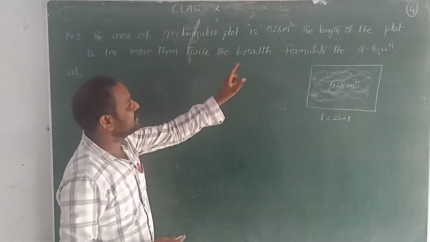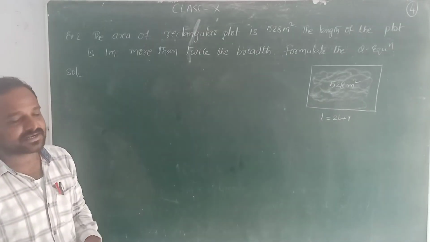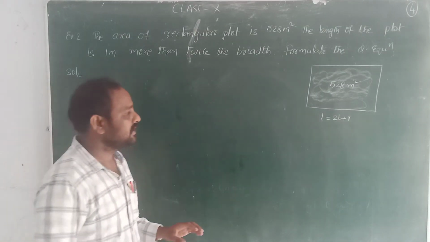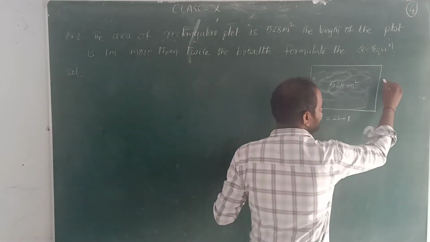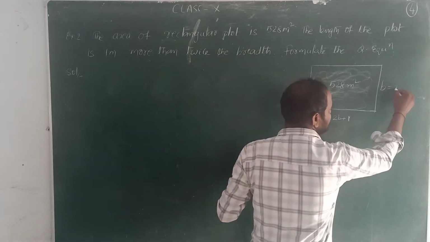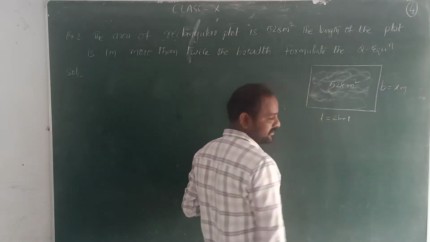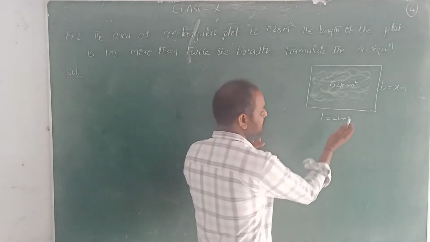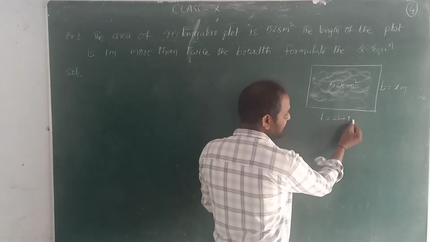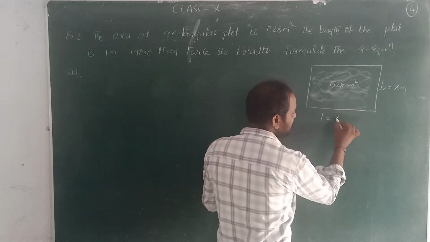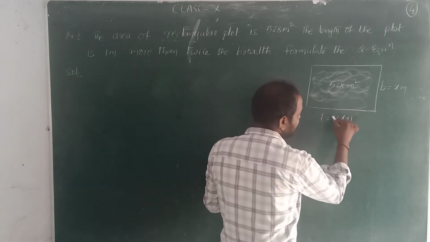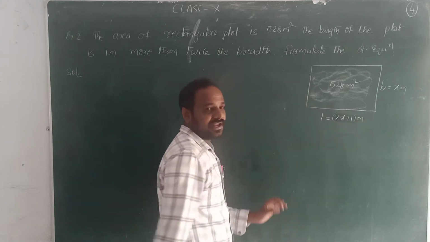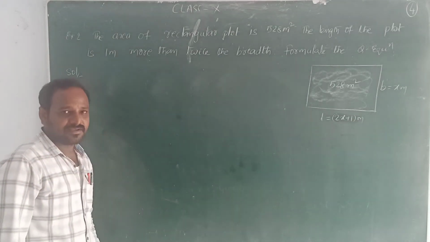But we don't know the breadth of the rectangular plot. So that is why we have to assume that breadth of the plot is equal to x meter. Then the length of the plot becomes 2 into b plus 1, that means 2x plus 1 meter. So this is the length of the rectangular plot.